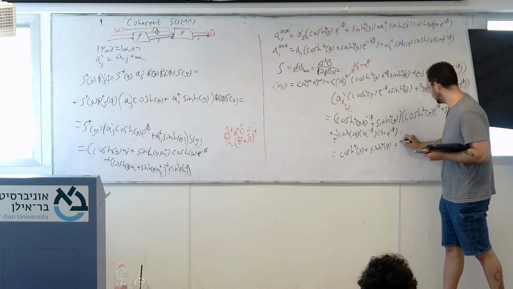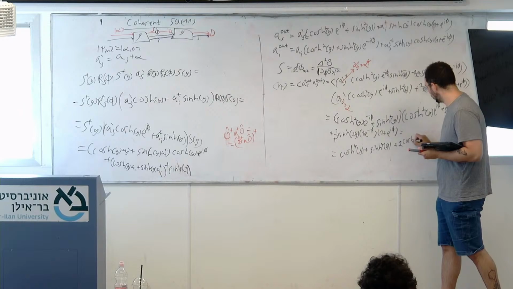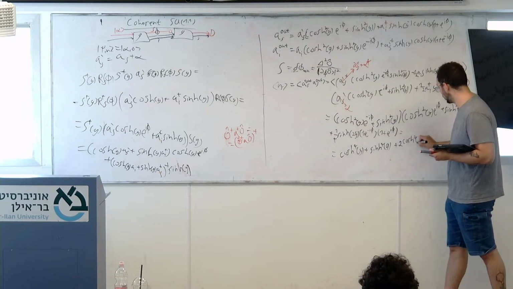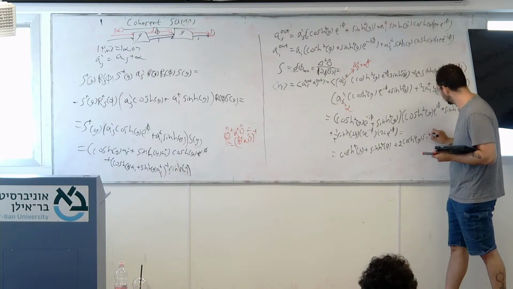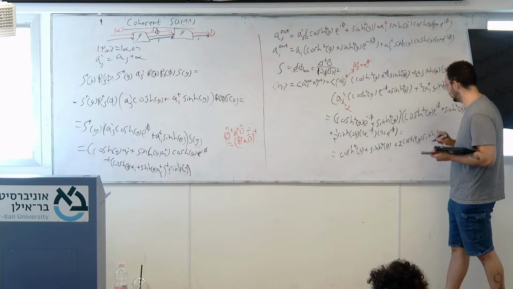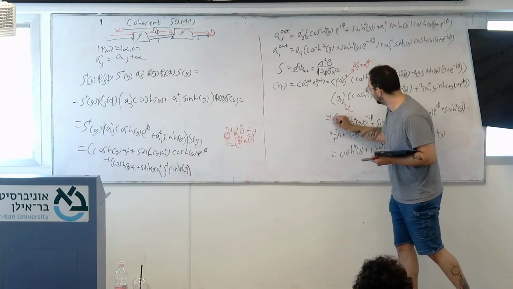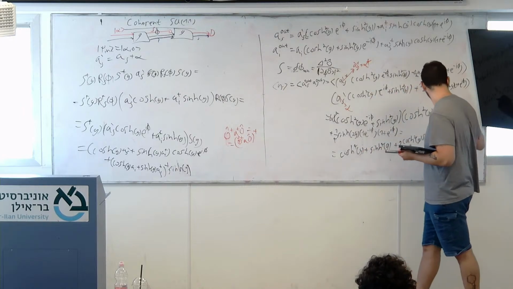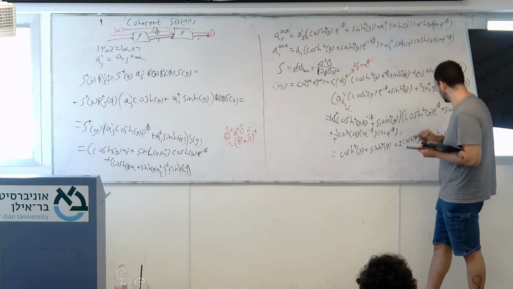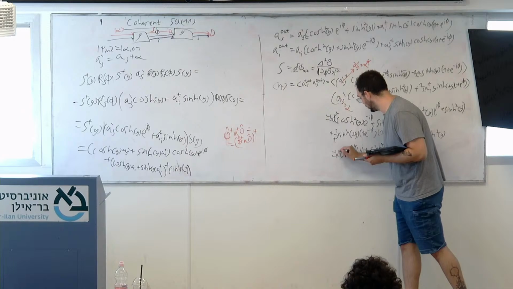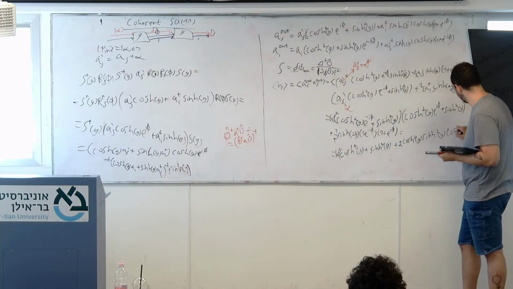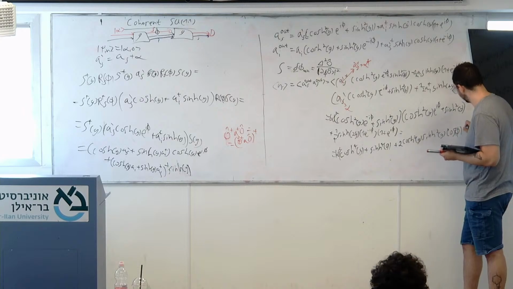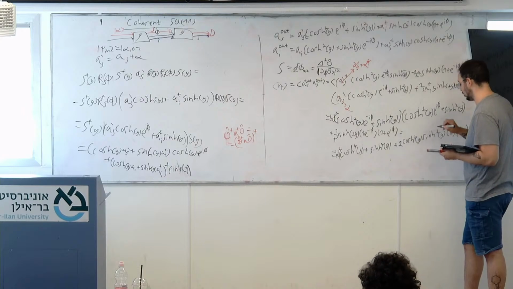So we'll get 2 cosh squared G sinh squared G. Oh wait, I forgot the absolute value of alpha squared. Yes, so there's an absolute value of alpha squared here, times cos phi. Right?